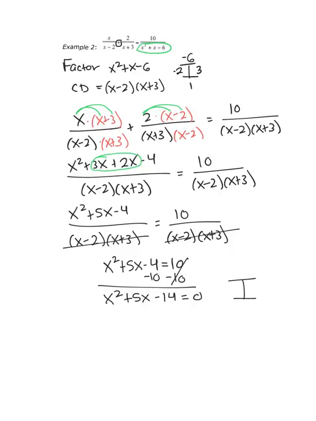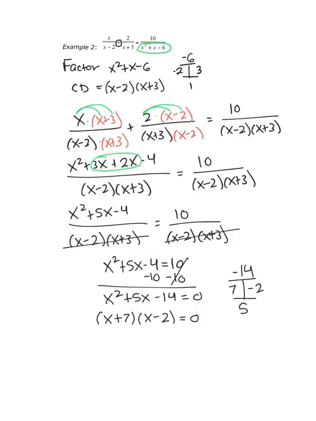I've got negative 14 on the top and 5 on the bottom. Two numbers that multiply to negative 14 and add to 5 are 7 and negative 2. 7 minus 2 gets you 5, and 7 times negative 2 gets you negative 14. So this is now x plus 7 times x minus 2 equals 0.